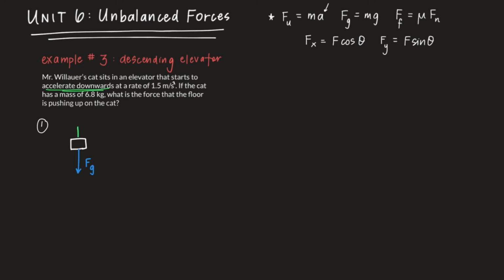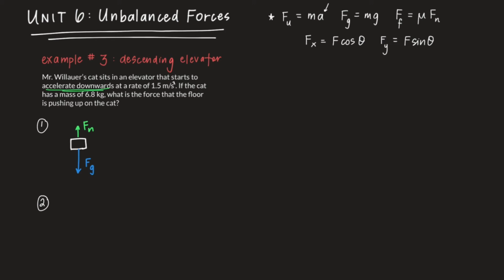Okay, so the cat is sitting in the elevator, which means it's touching the floor, so there will be a normal force, but the force of gravity has to be bigger if it's accelerating downwards, and we'll prove that a little bit later with the math. Okay, but in terms of our arrows, we want to make sure that those arrows are different sizes.